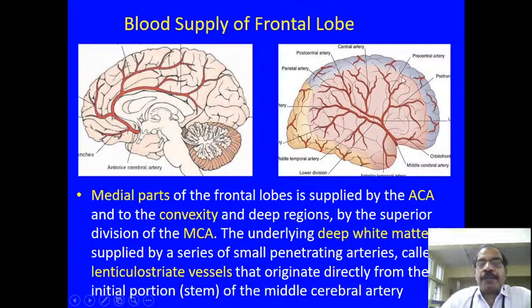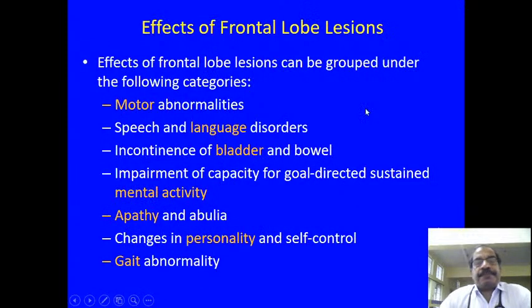But if you look at the outer part, or lateral or dorsolateral aspect of the frontal lobe, it is dependent upon the middle cerebral artery. If you go into the deeper part of the frontal lobe or deep white matter, they depend upon various perforating or penetrating arteries coming from the anterior circulation. These are called lenticulostriate vessels. So basically, the frontal lobe is mostly dependent upon the anterior cerebral artery and middle cerebral arteries.